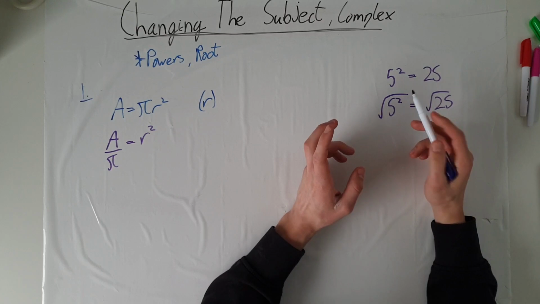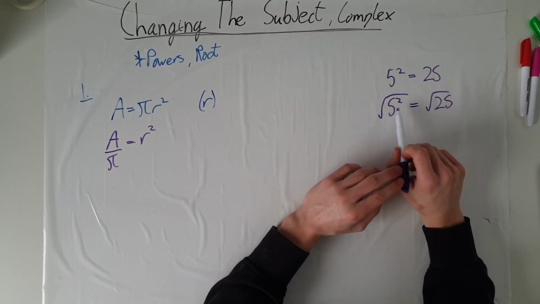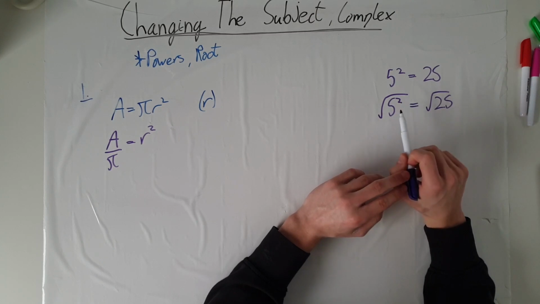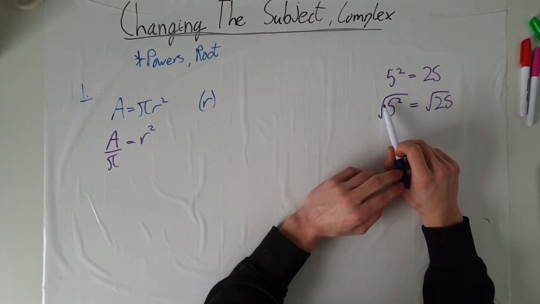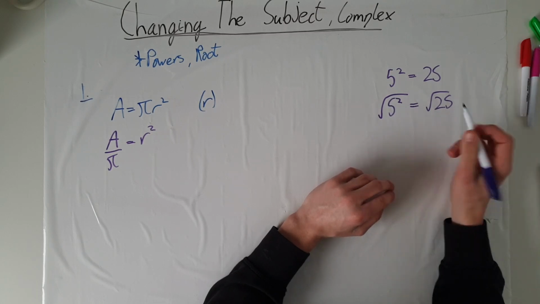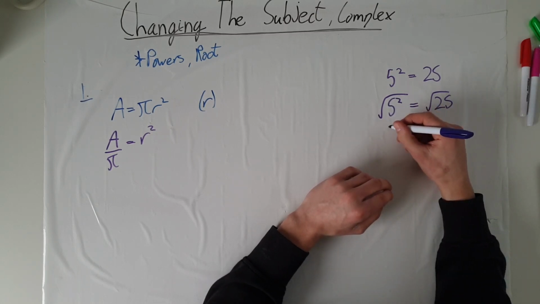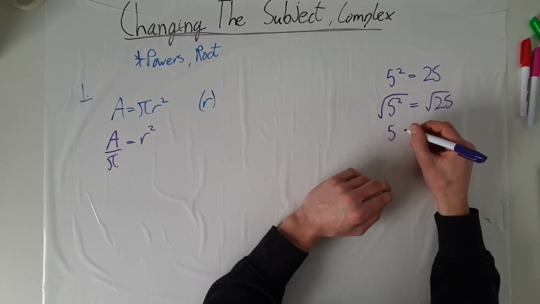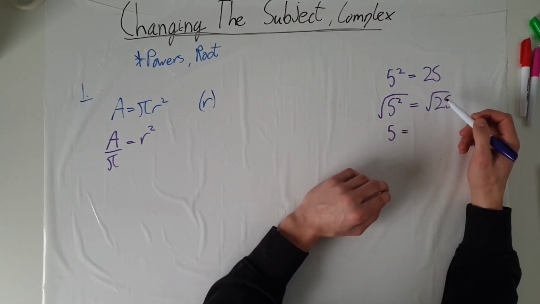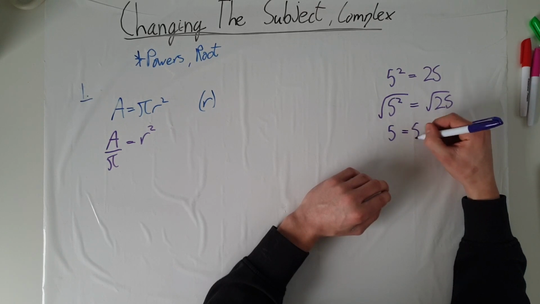Now, if we think about this, 5 squared is 25, and then the square root of 25 is 5. So these two just cancel, the square root and the squared. So this just gives us 5, because 5 squared is 25, the square root of 25 is 5. And obviously on the right hand side here, the square root of 25 is also 5.